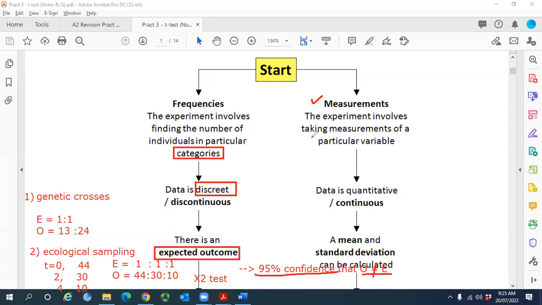So the experiment involves taking measurements of a particular variable. The data that you obtain is quantitative and it is continuous. For example, the distance traveled by the manometer fluid can be 12.3 cm, or 12.3 mm, or 15.9 mm.